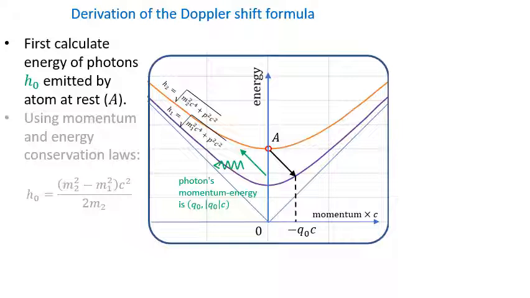Then the momentum energy transition vector, shown by the black arrow, should be opposite to the photon's momentum energy vector that is shown by the green arrow. After simple calculations, we arrive at the following formula for the photon energy H naught.